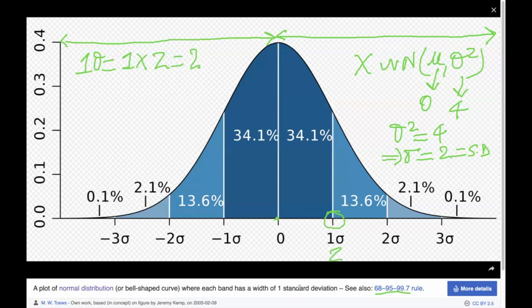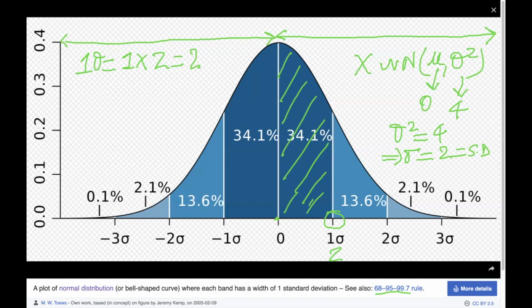For my random variable x, which has a mean of 0 and a variance of 4, between this 0 and this 2, my first standard deviation, I can find 34.1% of my points. This means if I sample data from my Gaussian random variable, I can find 34.1% of my points here.